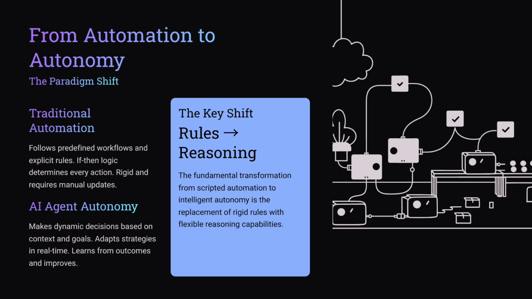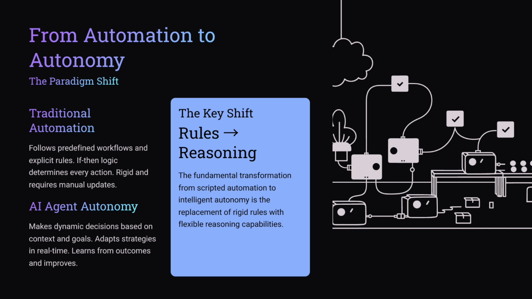If keyword equals complaint, escalate. Now imagine an autonomous agent. It reads context, understands urgency, checks user history, queries policy database, determines best action, executes the workflow. No predefined branch for every scenario. It reasons, and that is powerful.